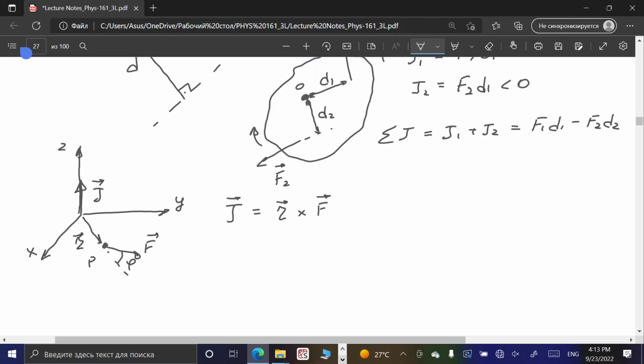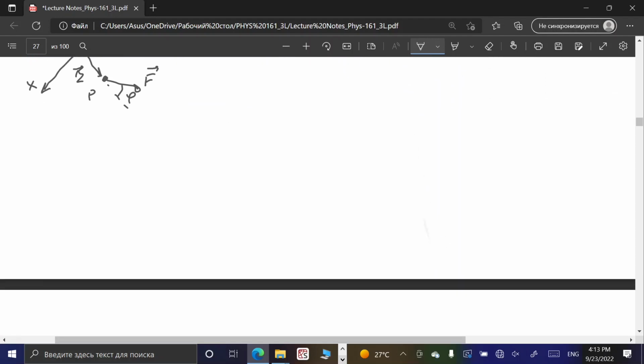So after we have defined the torque, magnitude, and orientation, we can consider a rigid body under some net torque.